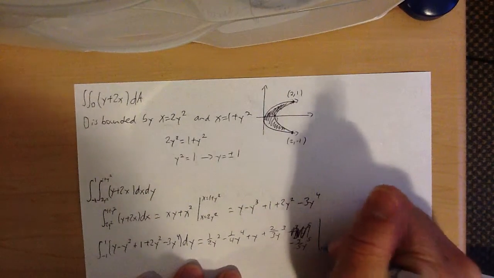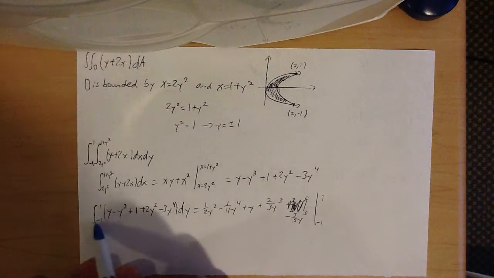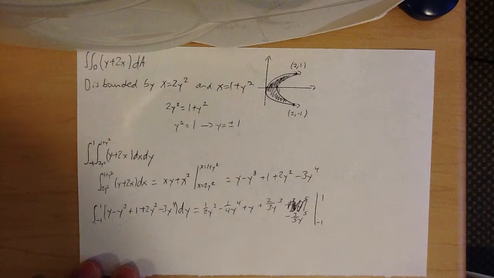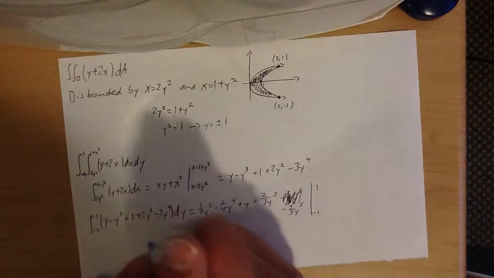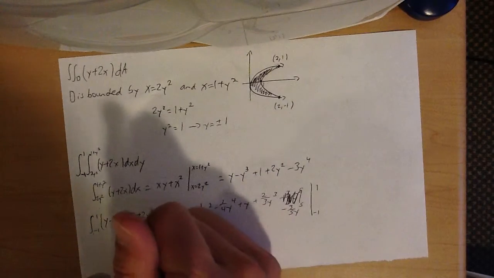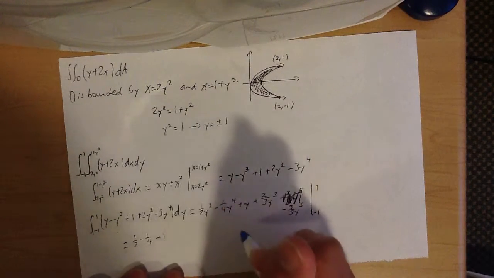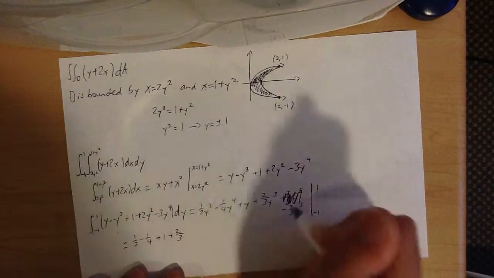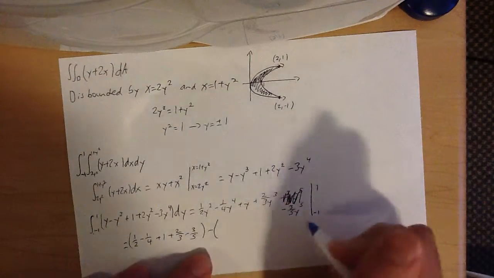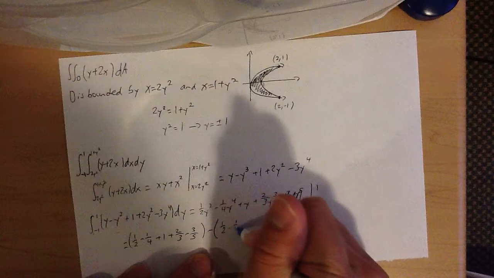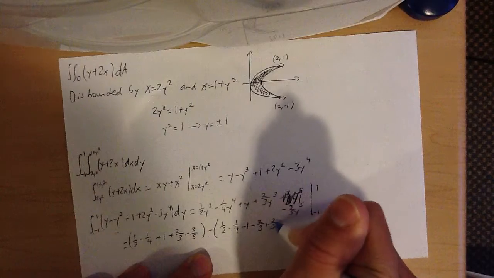This is evaluated from minus 1 to 1. Notice you can't do any shortcuts with this because this is not an odd function or even function. But anyway, if we plug it in, this is half minus 1/4 plus 1 plus 2/3 minus 3/5, and then minus, plug in negative 1, so half minus 1/4 minus 1 minus 2/3 plus 3/5.